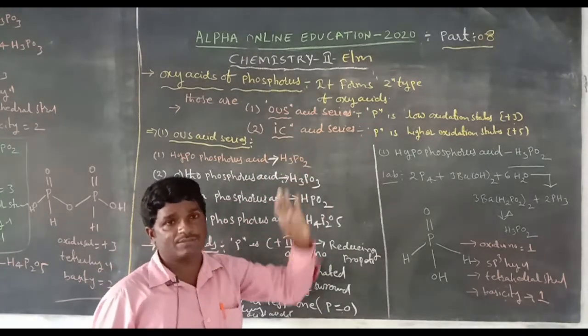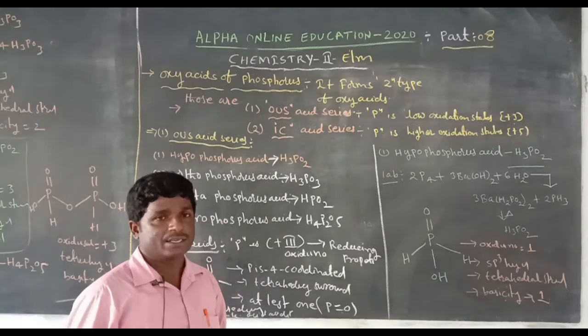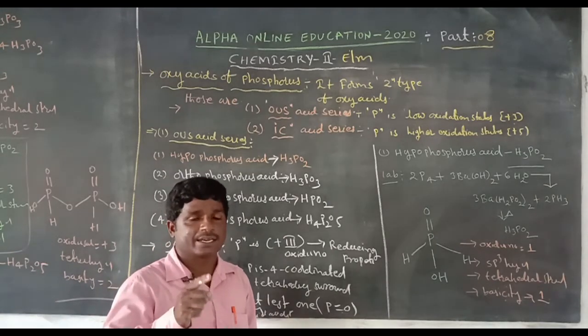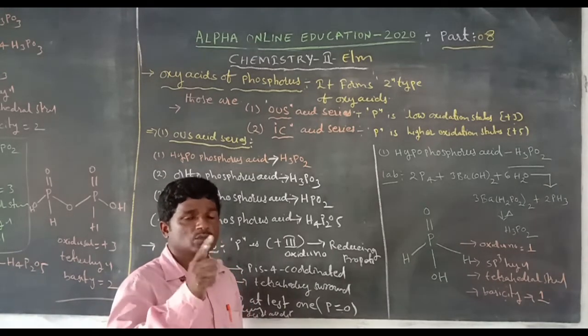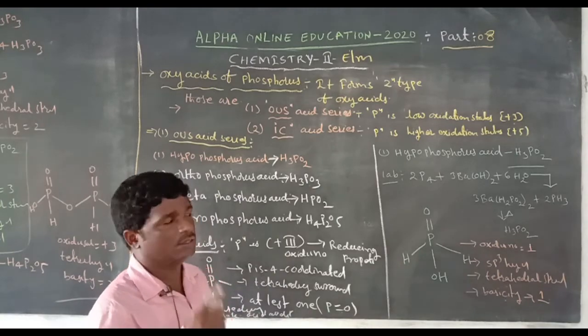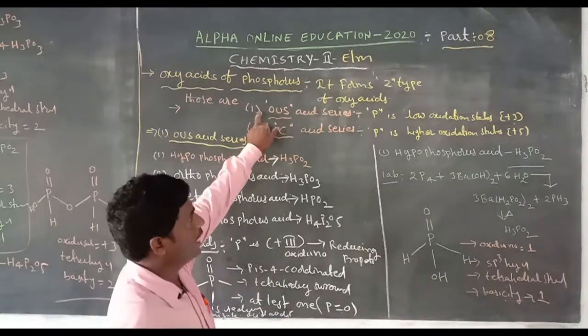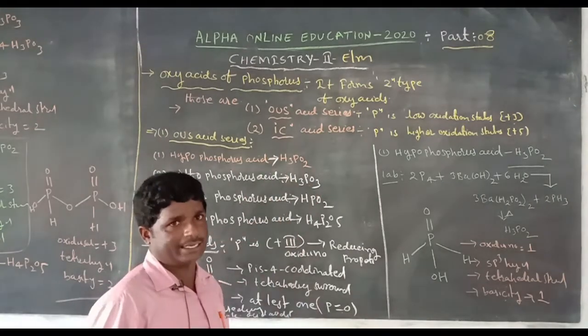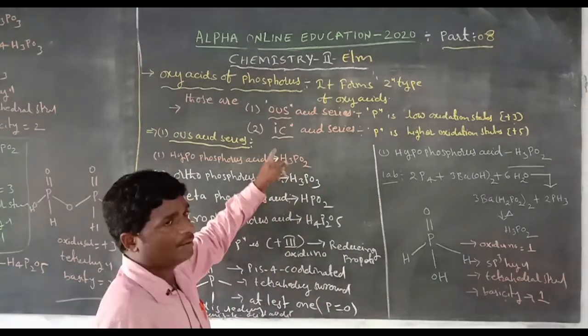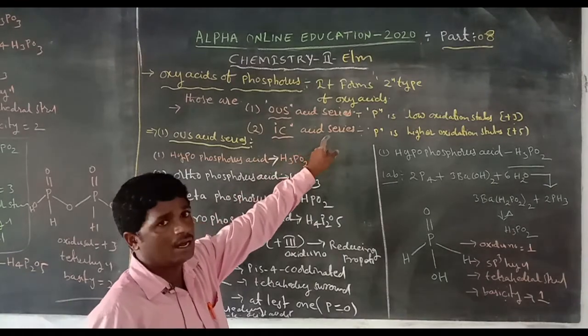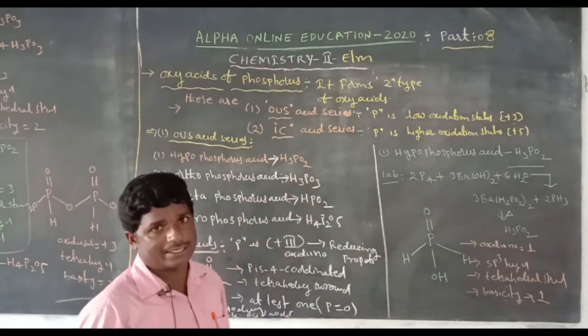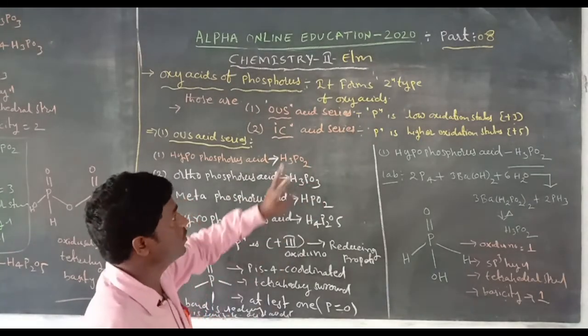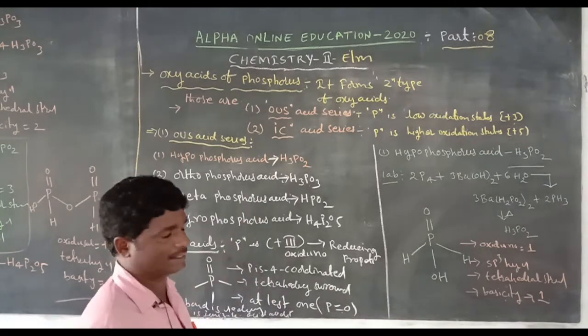Those are the two types of oxyacids. The first is the ous acid series or phosphorous acid series, and the second is the phosphoric acid series or ic acid series.